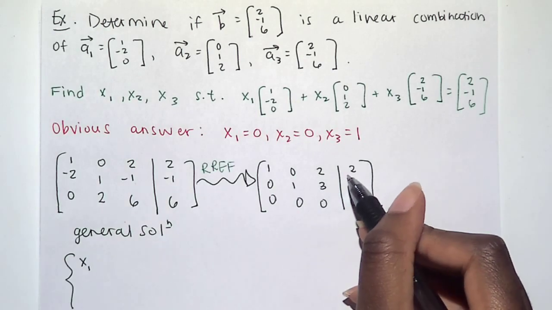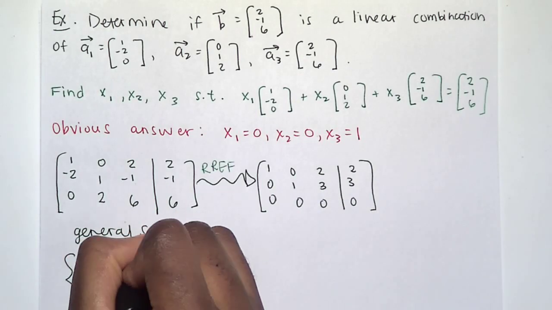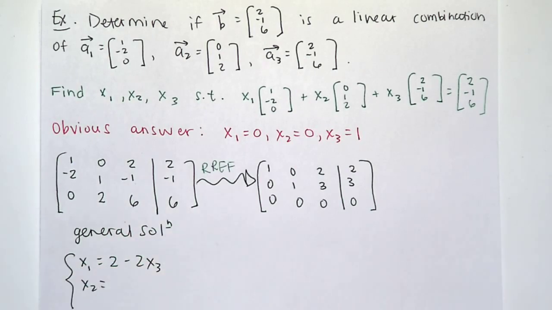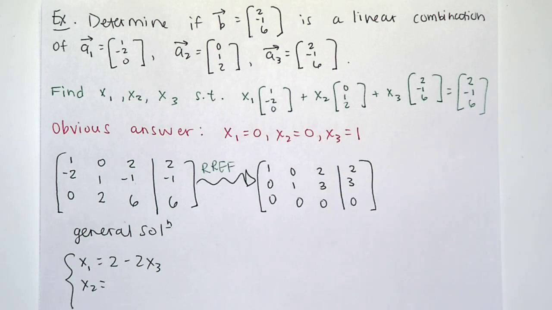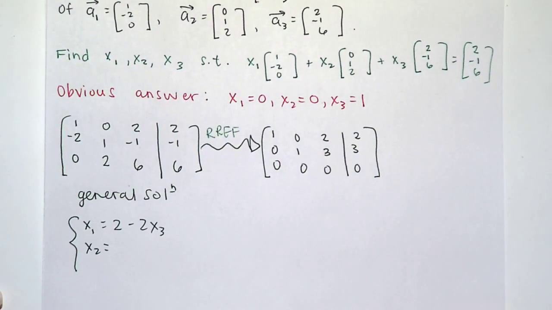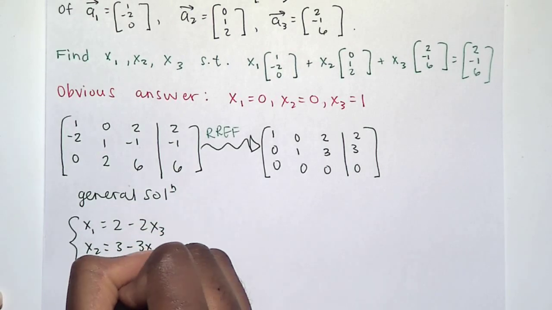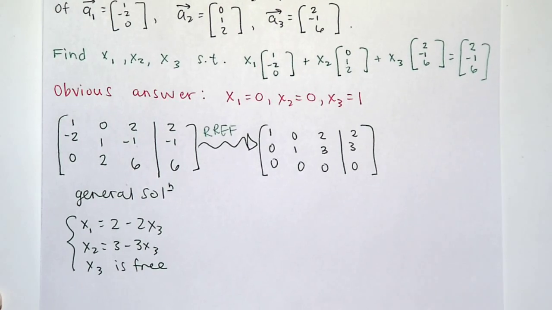So x1 is going to be 2 minus 2x3. x2 is 3 minus 3x3. We're going to have a free variable. So x3 is free. All right, so that is our general solution.